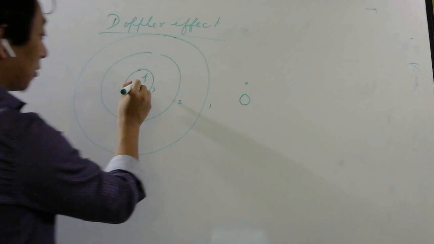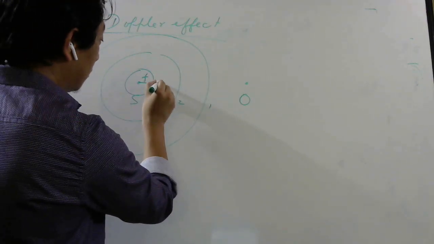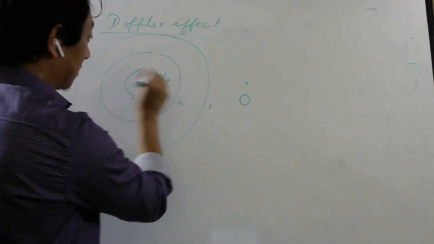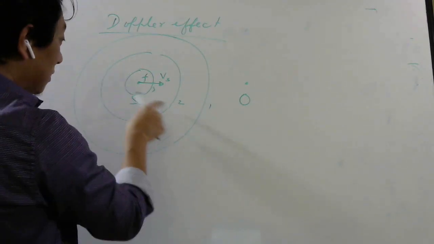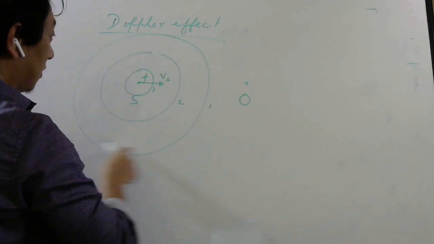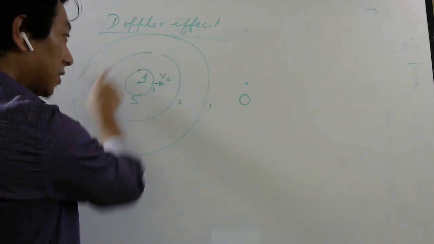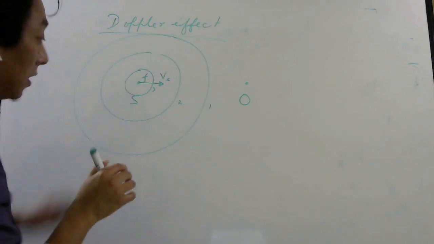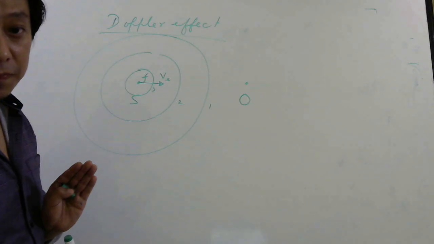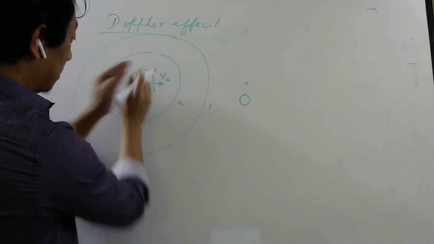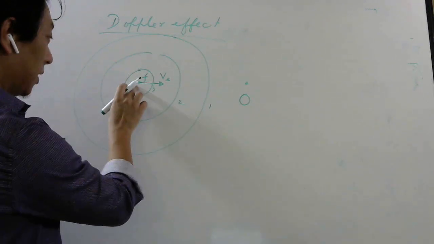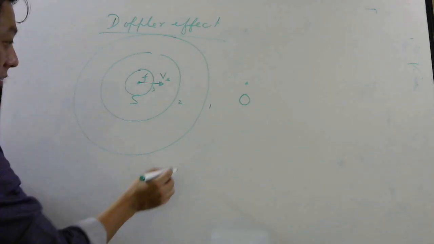But if the source starts moving with some velocity vs, then what happens? Try to understand. Now this is the center of the first wave. In this case, this is the center of the second wave also. But if the source is moving, then the first wave which started from here, the center of this first wave will be here itself, right?